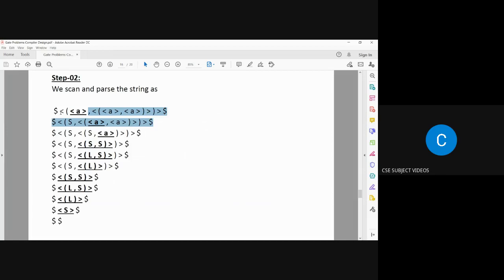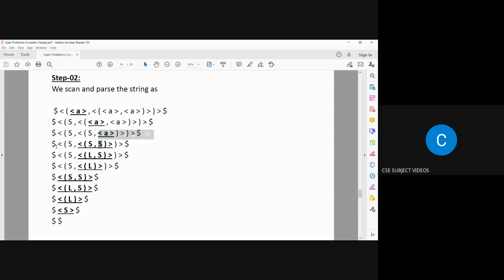In these steps all the terminals will be reduced to non-terminal. This terminal A is reduced by S in the third step, and in the fourth step this A is again replaced by S.